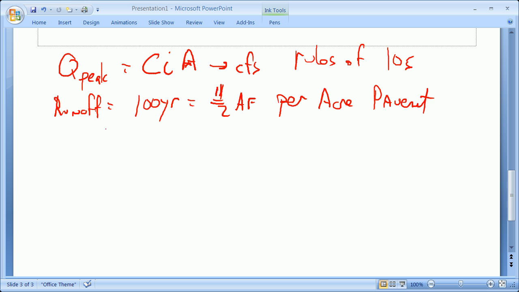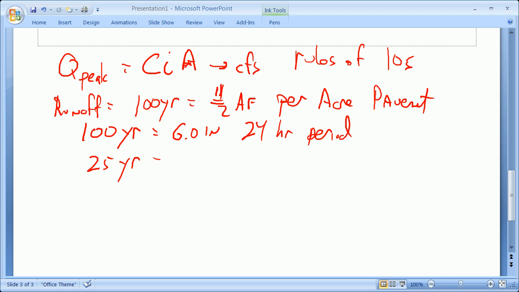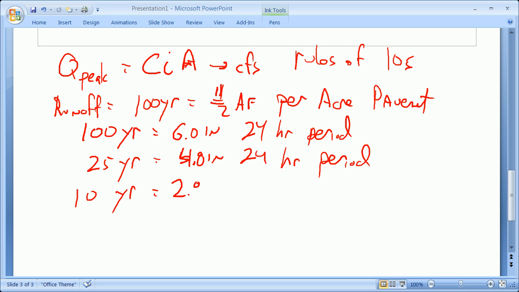So we did that. We should know our design storms by now around here. A 100-year storm is 6 inches in a 24-hour period. And we know that the 25-year storm is 4.8 inches in a 24-hour period. And the 10-year storm was around 2.8 in a 24-hour period.